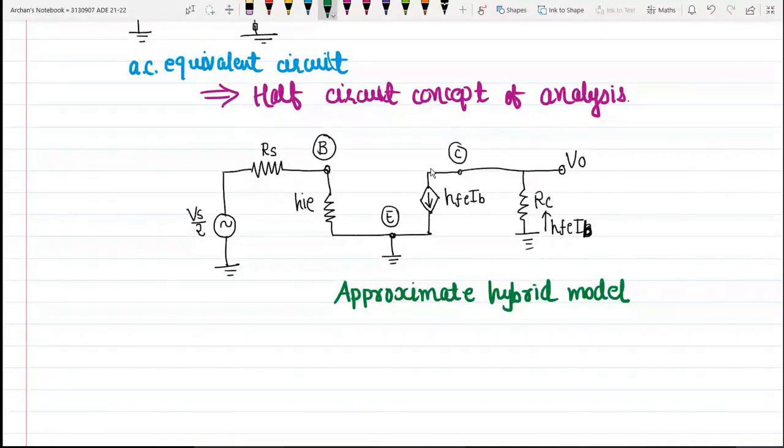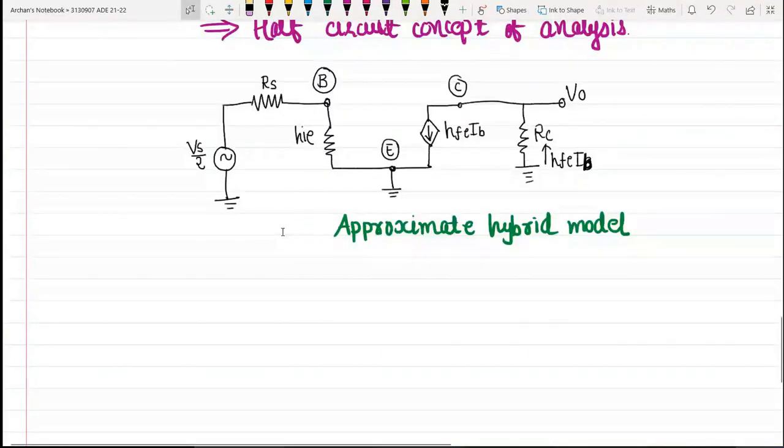Okay. So now we have the AC equivalent circuit with hybrid parameters, or H parameters. And our target is to find out the differential gain AD. So let us try to find out. Whenever we want to find out any parameter, we have Kirchhoff's law.